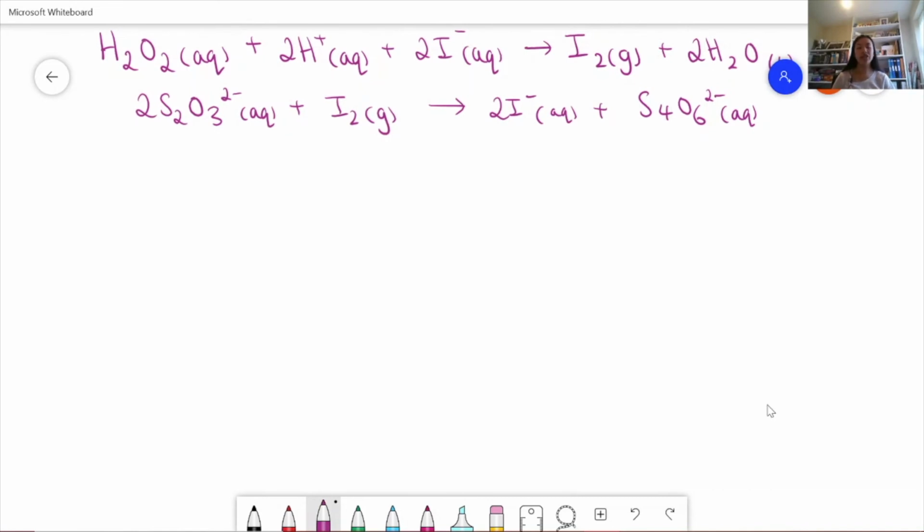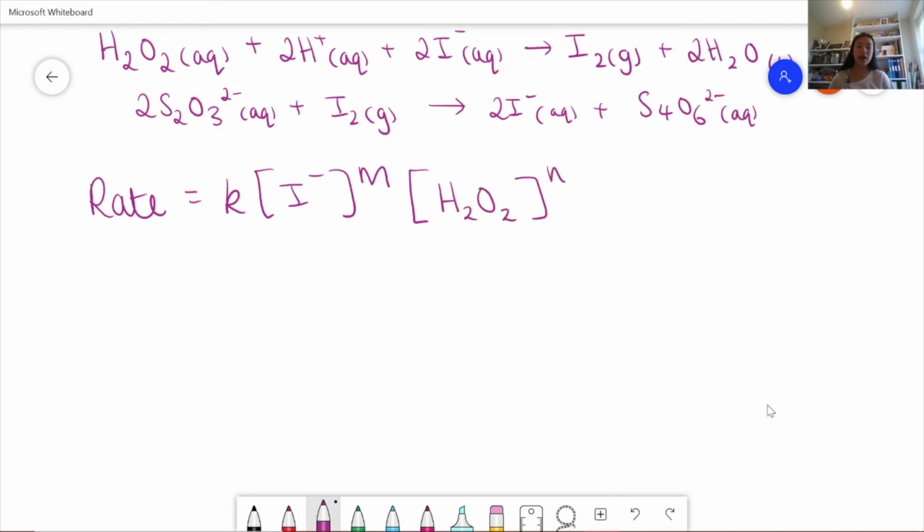So the rate equation for this reaction is actually like this. So you have rate, and it's equal to k multiplied by the concentration of I minus to the power of m, and then multiplied by the concentration of the hydrogen peroxide to the power of n.